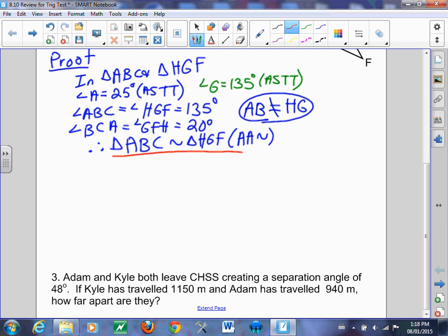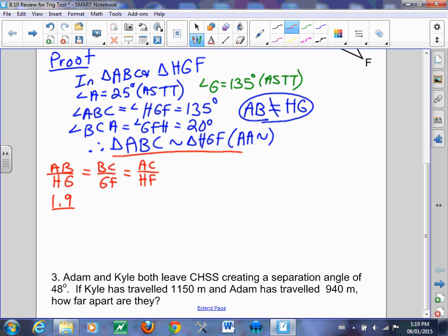So I'm going to set up my proportional sides because x is a side length. I'm going to go AB over the matching side, which is going to be HG, equals BC over GF, equals AC over HF. Okay? Now let's fill in the information that we have.